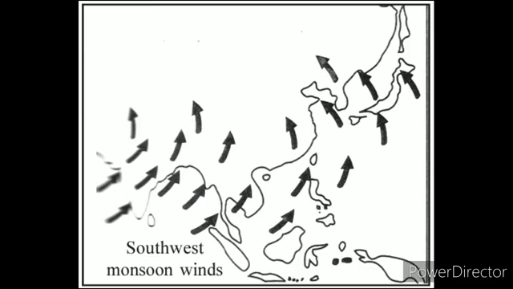The trade winds cross the equator and get deflected. They are transformed into southwest monsoon winds due to the Coriolis effect.